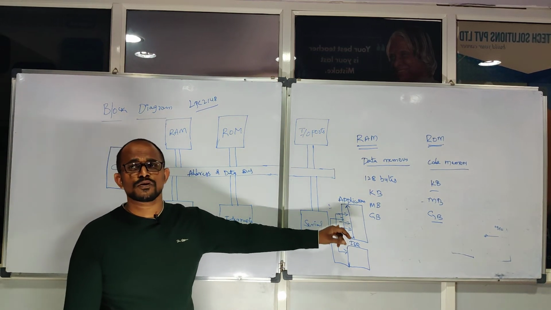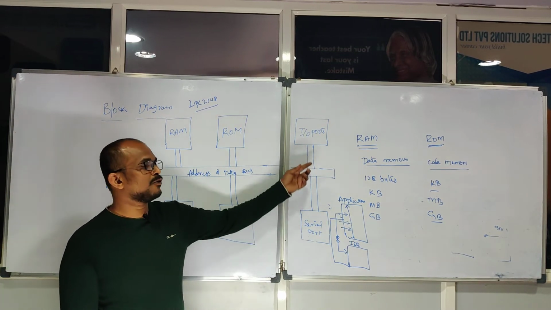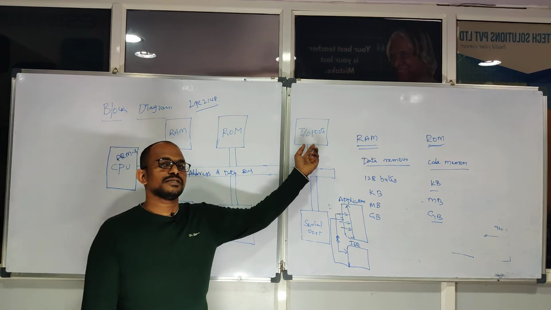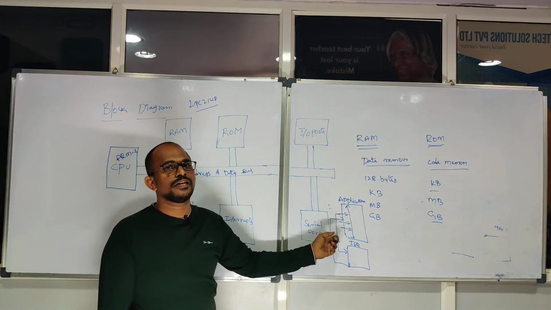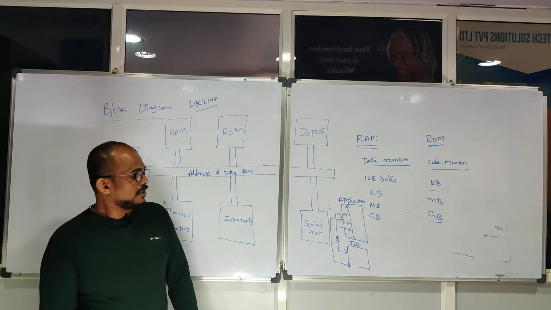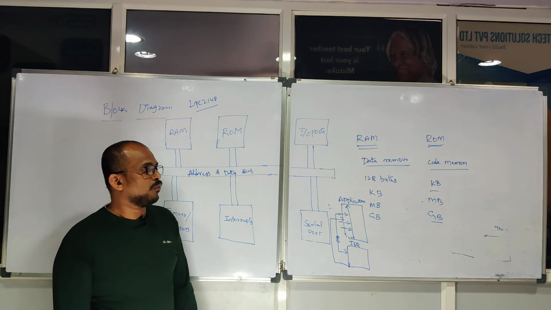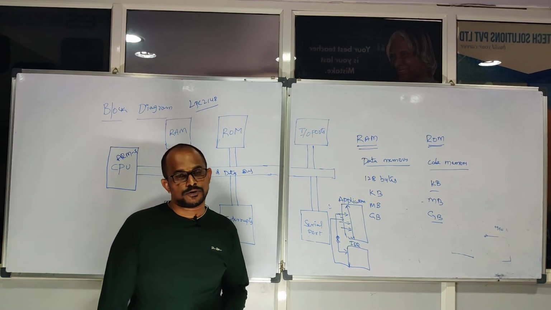Then the last block of the microcontroller is the serial port. I already have IO ports to deal with external peripherals, but you also have a serial port on microcontrollers. The serial port is dedicatedly used for modules that have protocol support.